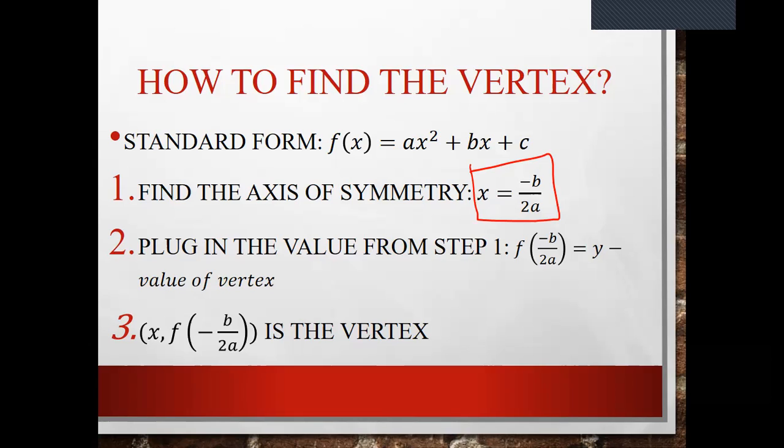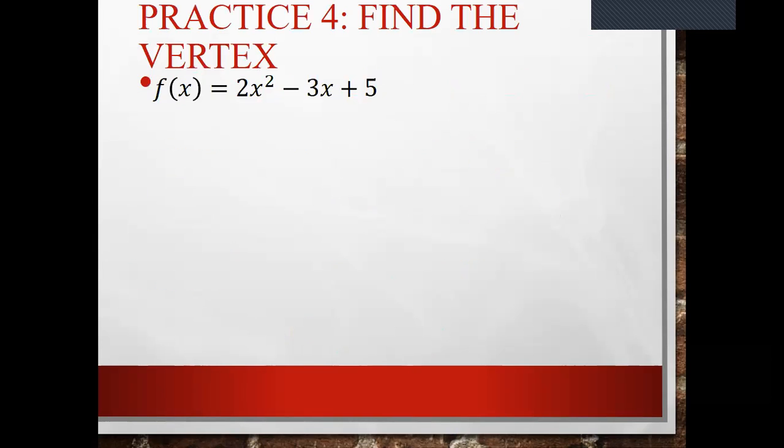What you get from that is the y value of your vertex. And then you have your vertex. So start here and then plug in. It's a 3-step process. So let's give it a shot.